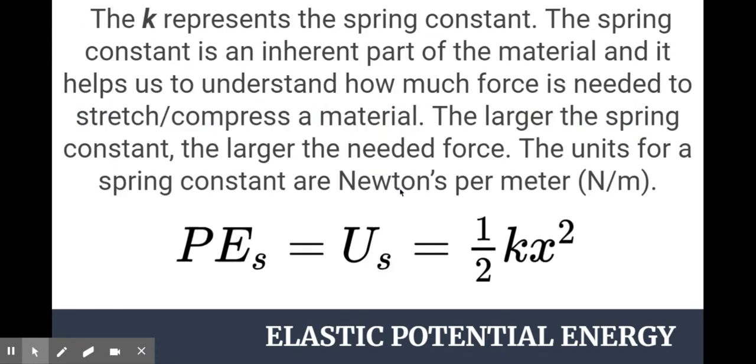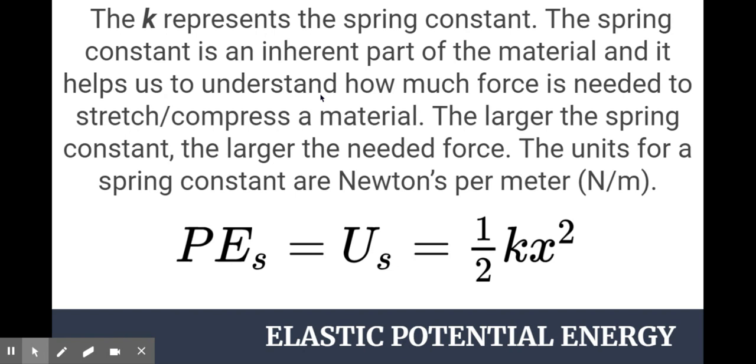Well, let's talk about the spring constant. The spring constant is just a measure of how elastic the object is. It's an inherent part of the material, just like mass is a part of the object, and inertia is a part of the object.